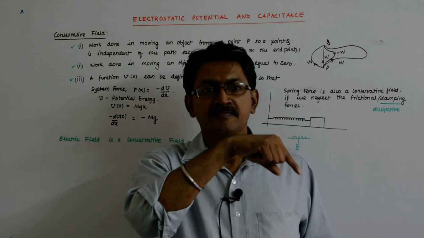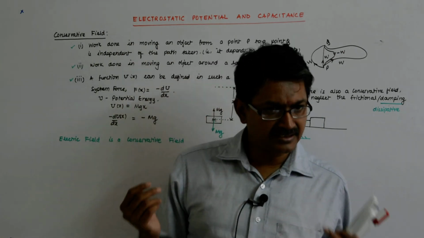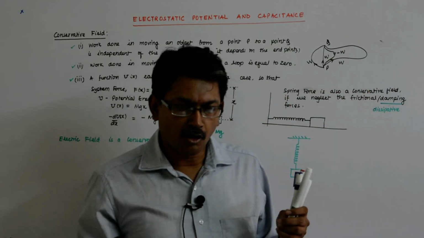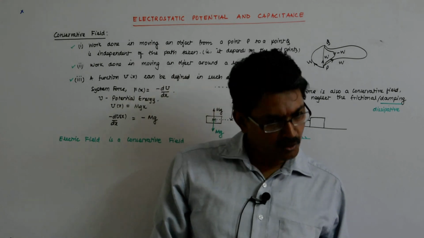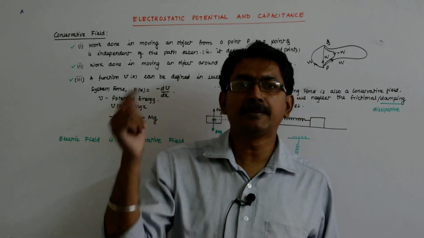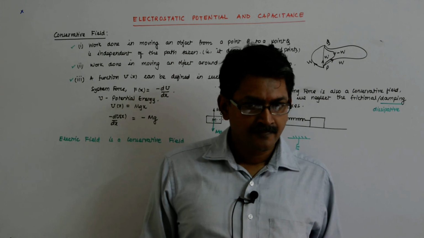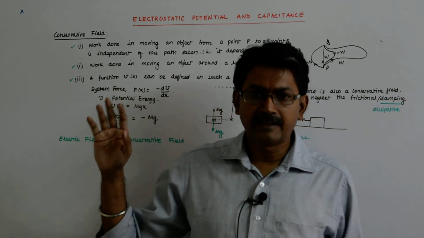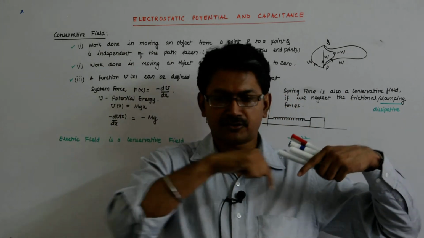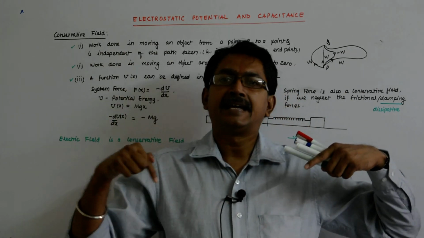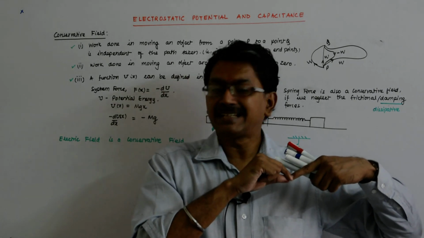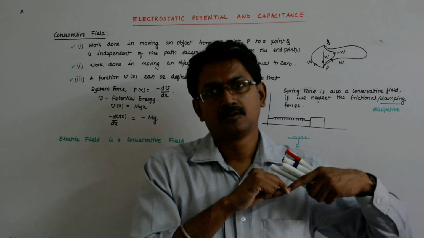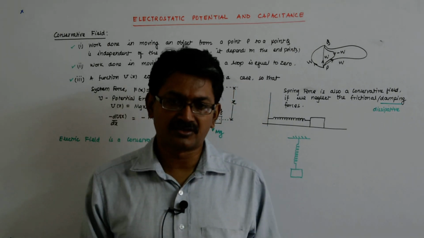If there is a dissipative force, then the longer the path you take, the more work you do. So you become path dependent also. That is the whole concept. If I go from here to here by the shortest route in a frictional field, then I'll waste less energy. A pure conservative field is a hypothesis.